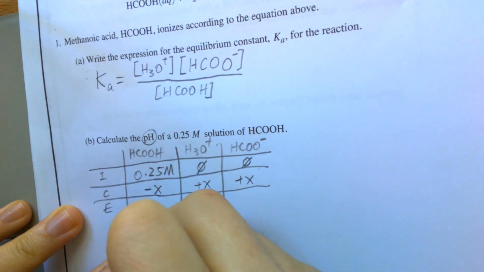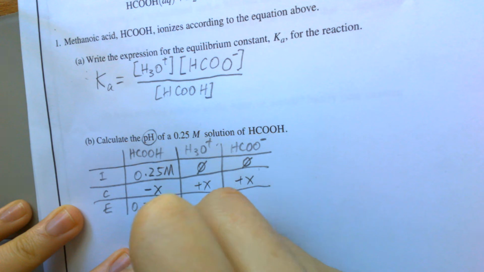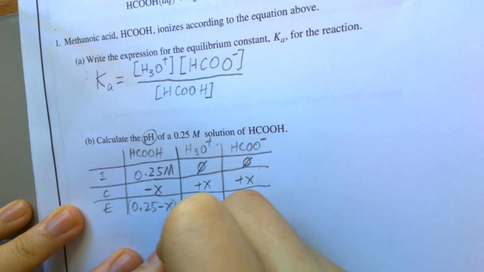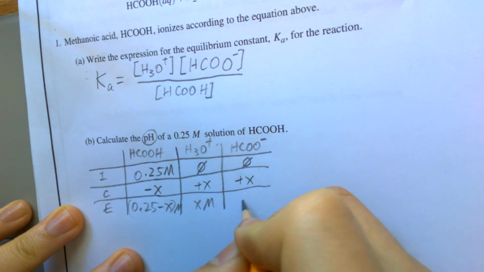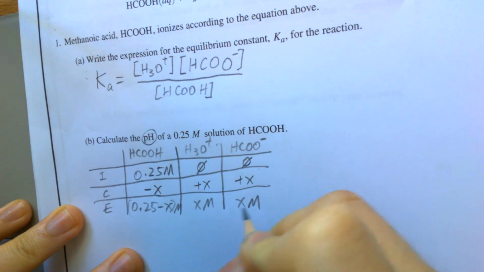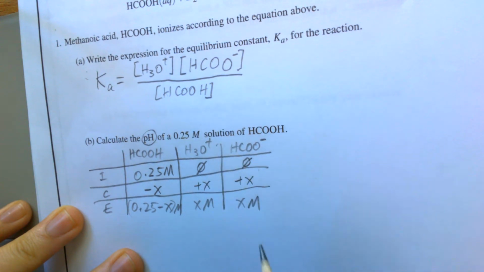So at equilibrium, we have 0.25 minus x moles per liter of HCOOH, x moles per liter of H3O+, and x moles per liter of HCOO minus.